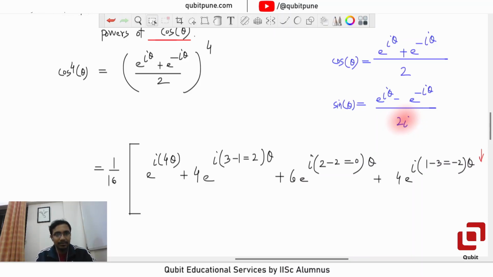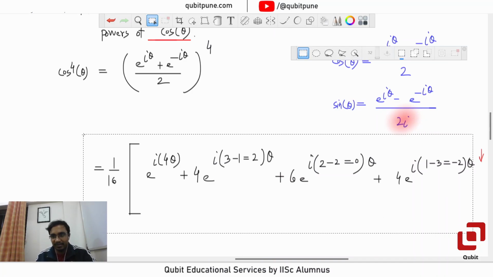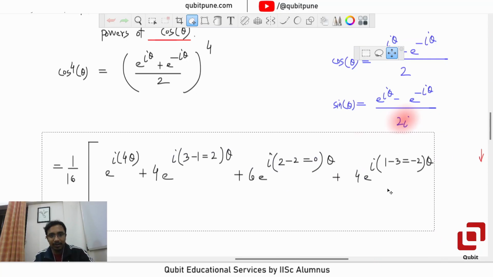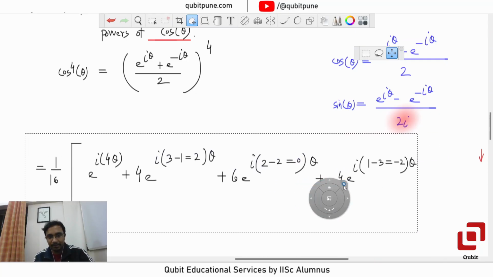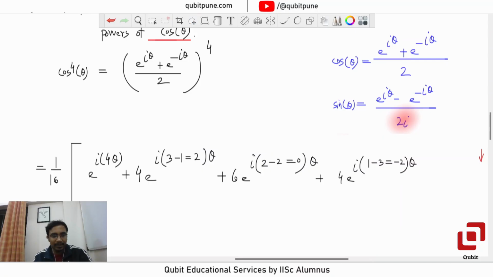Let me shift this a bit to its left so that I can accommodate all the terms at one horizontal level. And what will be the last term? E to the power i negative 4 theta. Has everybody understood this?